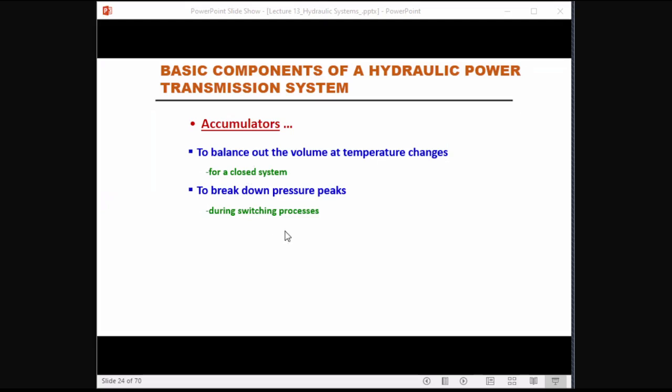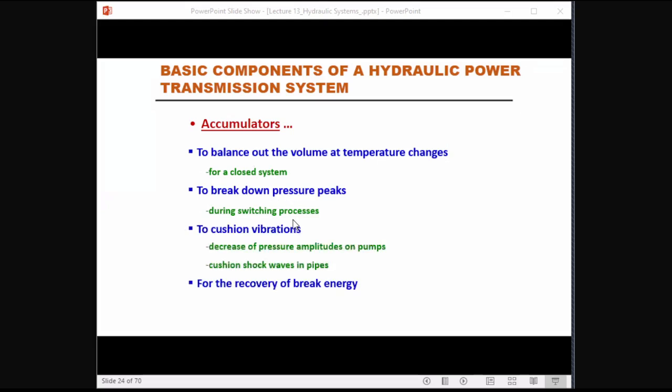Then to break down pressure peaks means during switching processes in the hydraulic system, pressure peaks occur.